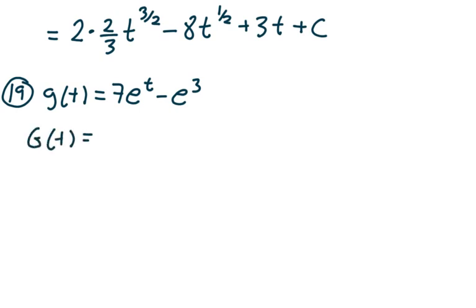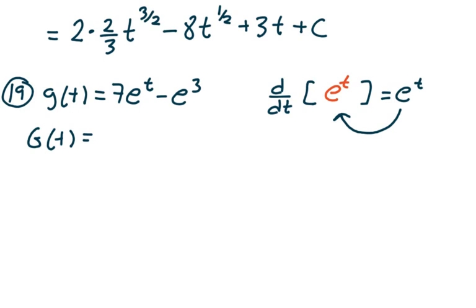Exponentials are always friendly because, look, the derivative of what produces e to the t? Remember, we're starting here and we're trying to work backwards. And you should be able to tell me that the derivative of e to the t is equal to e to the t. So the antiderivative of 7e to the t is equal to 7e to the t.